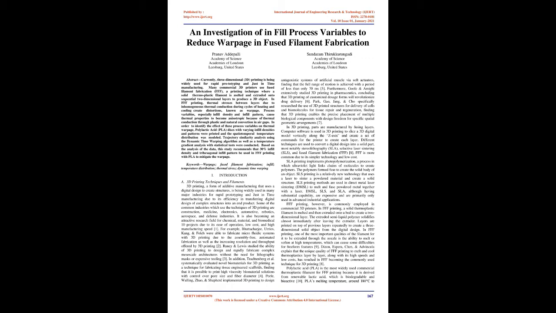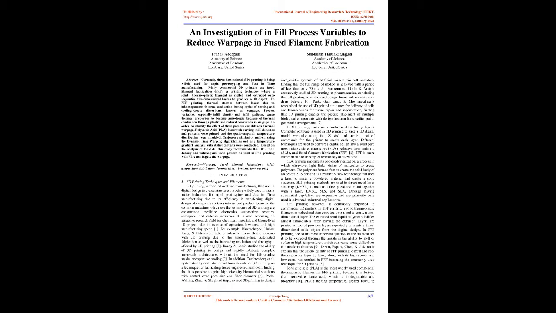Park, Gao, Zhang, and Cho specifically researched the use of 3D printed structures for delivery of cells and biomolecules for tissue repair and regeneration, finding that 3D printing enables the precise placement of multiple biological components with design freedom for specific spatial geometric arrangements.